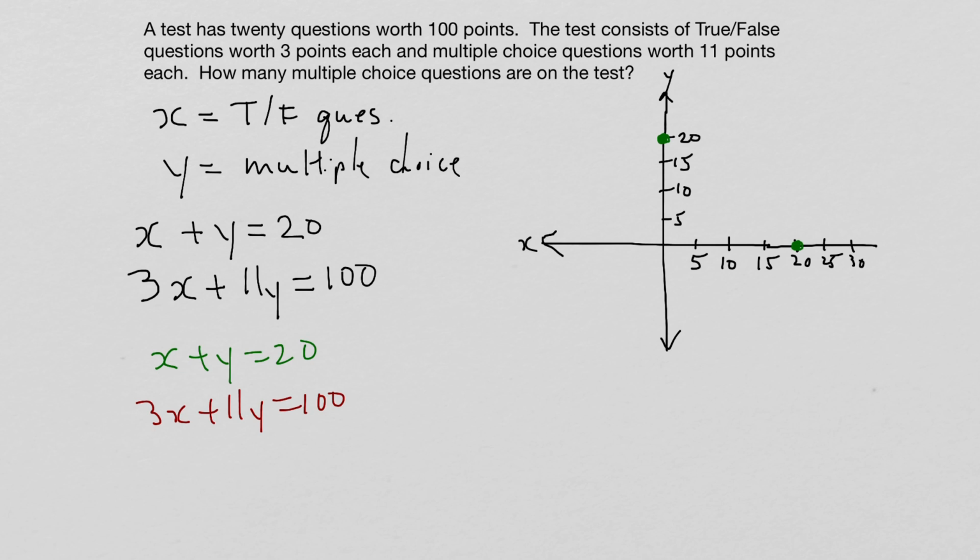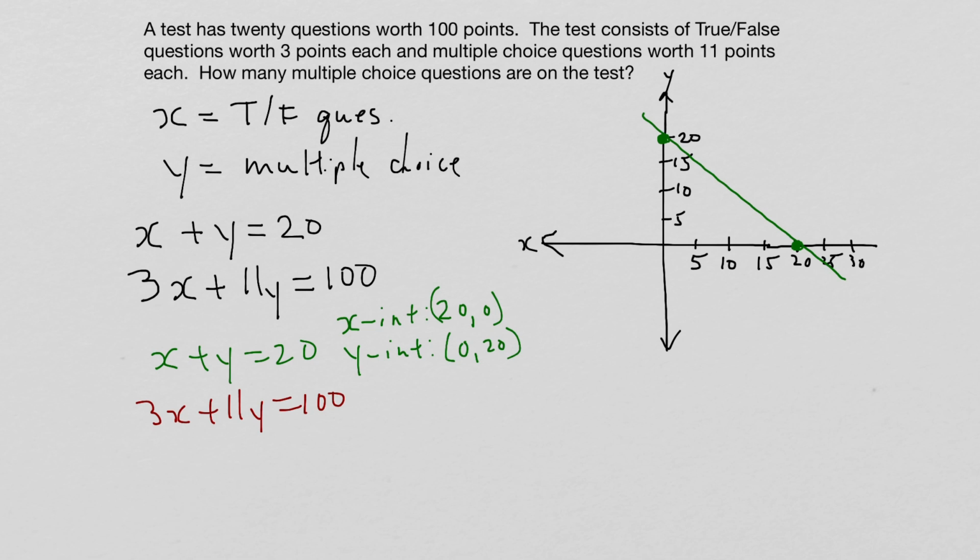So the x-intercept is 20, comma 0, and then the y-intercept is 0, comma 20. Now we're going to solve. Actually, let me graph this first. Okay, there's the line.